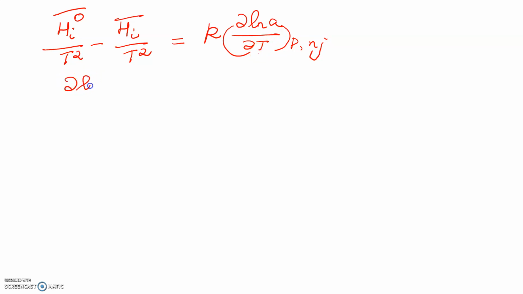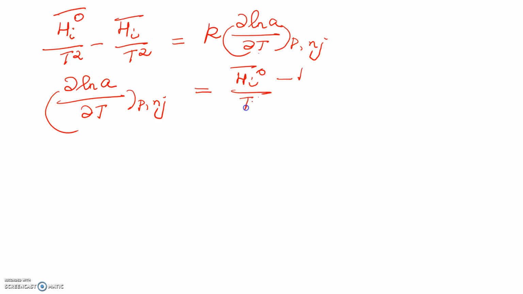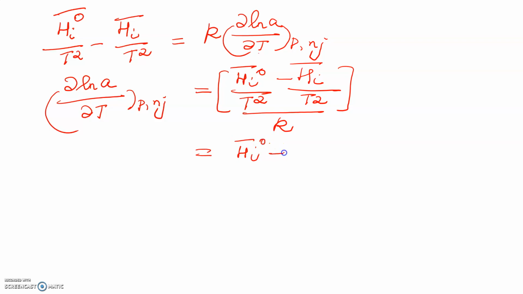So writing this equation in terms of ∂ln a/∂T at constant pressure and N_j, we'll get it as (H̄_i⁰/T² minus H̄_i/T²) divided by R. Now this we can write as (H̄_i⁰ minus H̄_i) divided by RT².